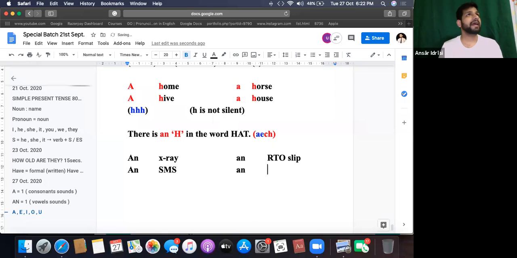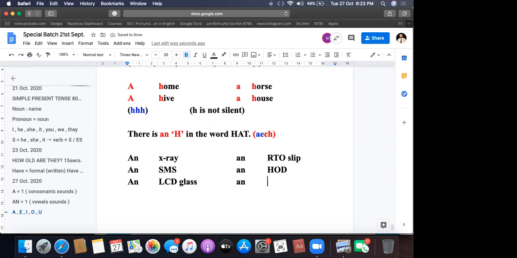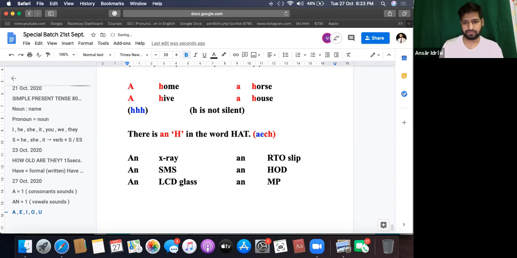Next, an HOD of my college. Next, an LCD glass. Next, an MP, an MLA, etc.